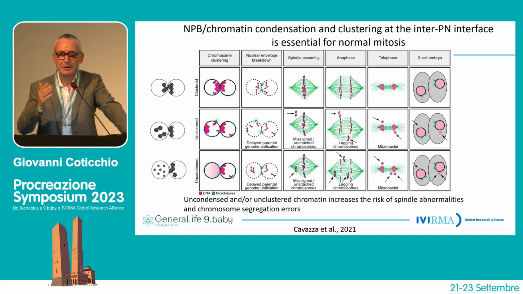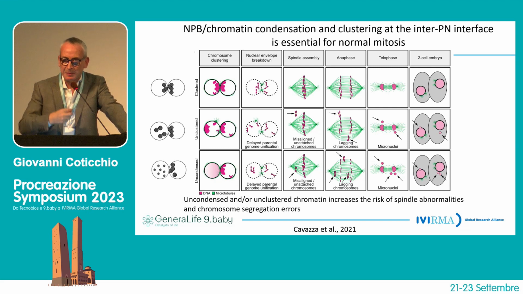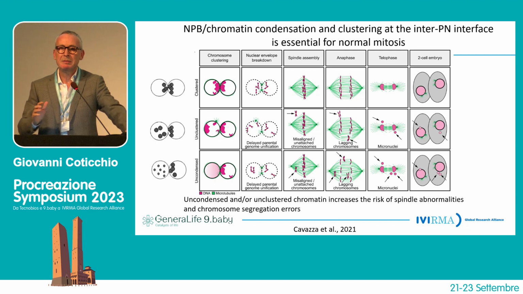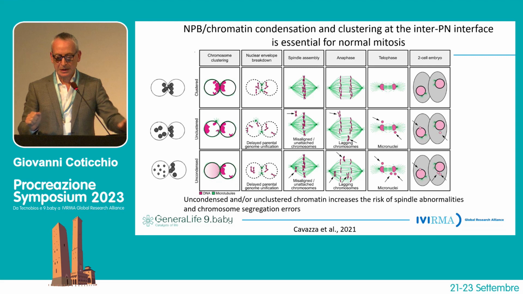Other patterns in which NPBs and therefore chromatin are not formed or are cluttered expose the zygote to the inability of the mitotic spindle to capture all the chromosomes simply because they are more scattered at the moment of PN breakdown.